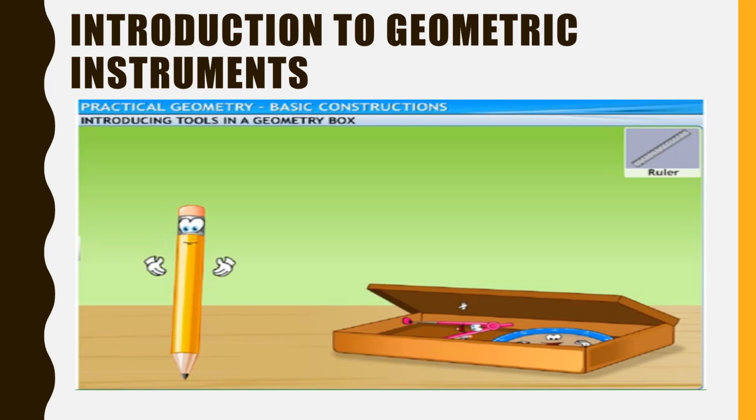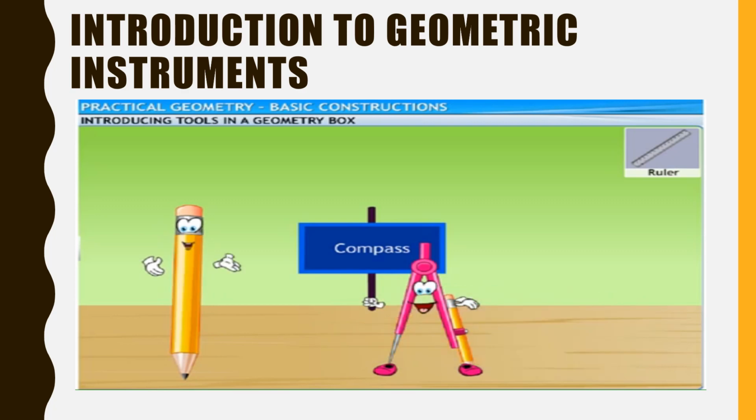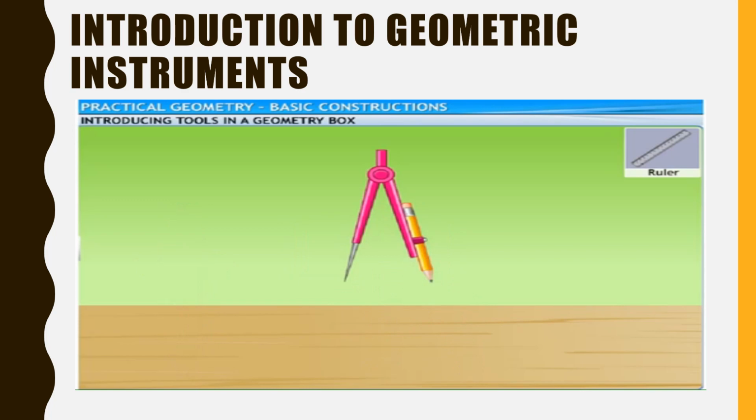Next, another important tool in your geometry box is the compass. It is also called as a pair of compasses. It has 2 ends. One end holds a pointer, while the other end holds a pencil.